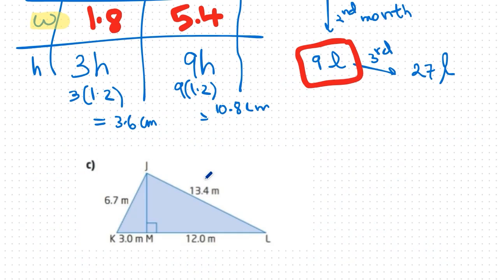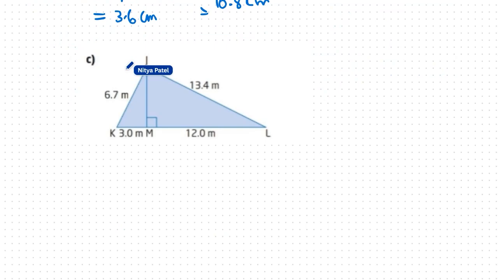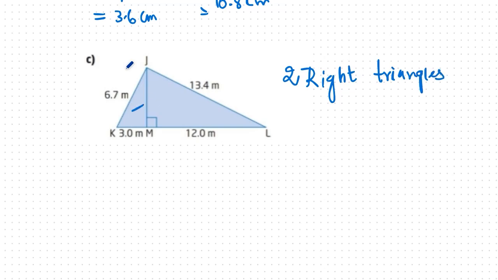Determine if the triangles are similar. Which triangles might be similar? In the question, we already see there are two right triangles, left and right side. This one and this one. We need to know if they are similar. We know that one angle is common between them, 90 degrees.